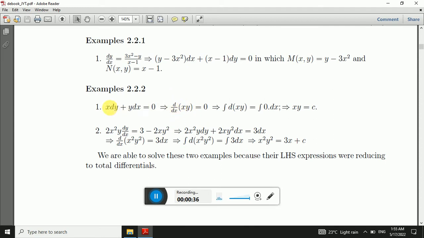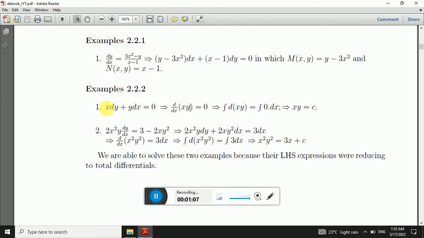So we are now replacing the left hand side x dy plus y dx with the expression d/dx of (xy), because when you differentiate this product xy, this is what you are going to get. First of all, you have x as the first one, then differentiate the second variable.